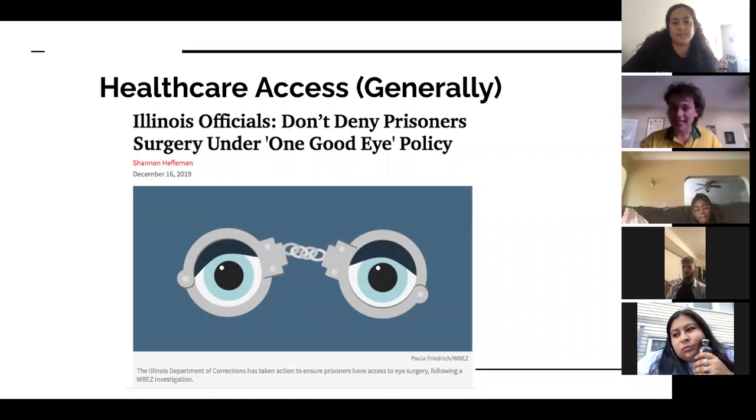And so a class action lawsuit was filed against the Illinois Department of Corrections in 2012 to address this. The Department of Corrections promised to reform its contract with Wexford in 2019, but the Department of Corrections' complete mishandling of COVID, for example, shows that healthcare in prison is really still just violently inadequate.